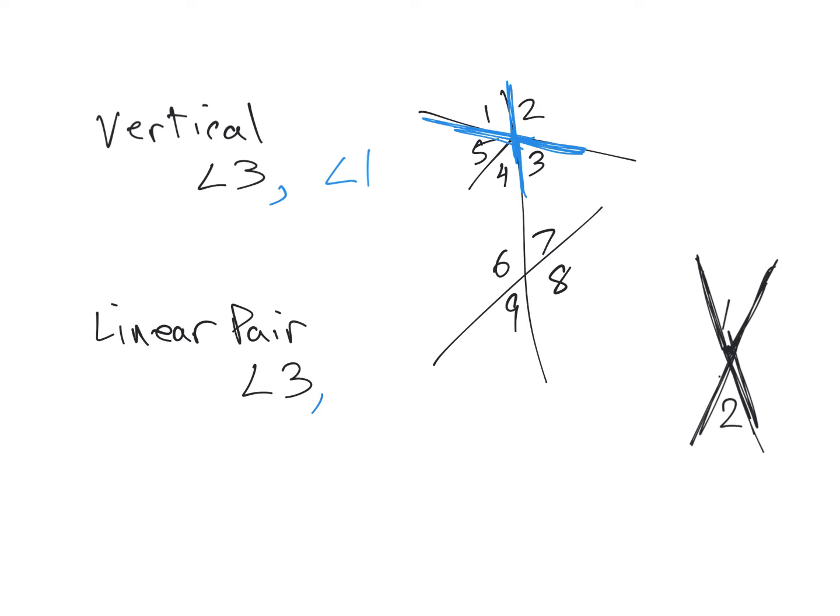And by definition of linear pair, you can only have 2 angles as well. So 4 and 5 are not considered a linear pair with angle 3 because there's too many angles. So the only possibility for a linear pair would be angle 2. Do you see that? So there's your straight line, angle 3 and angle 2.